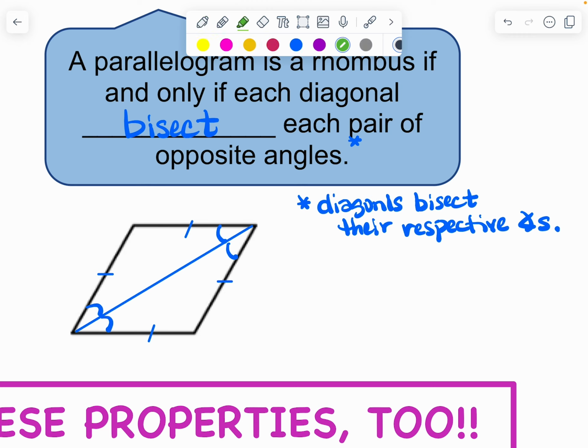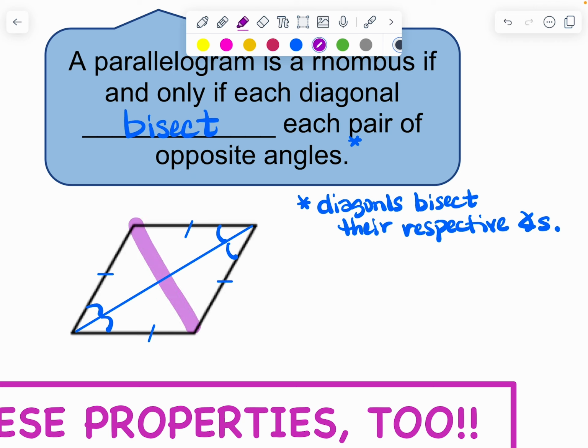And what that means is, let me get a highlighter here, when I'm talking about this diagonal, these are its respective angles because those are the angles that diagonal hits. I'm telling you this because that's the verbiage on your quiz over this stuff. It says true or false, or always, sometimes, never, that diagonals bisect their respective angles. Respective just means the angles that they're touching.